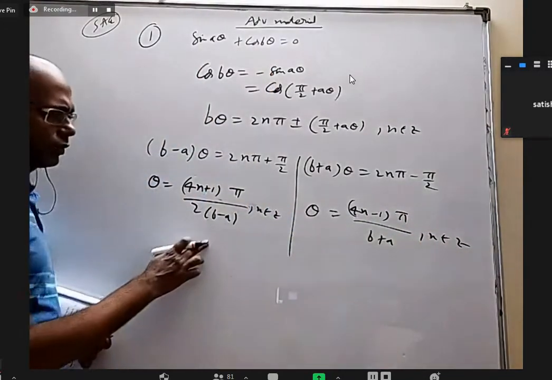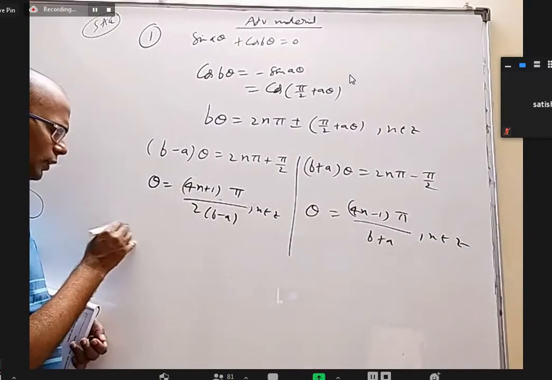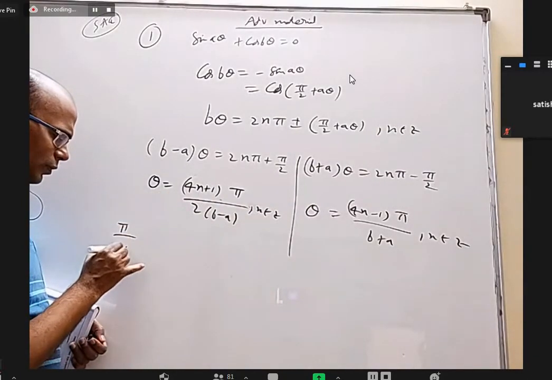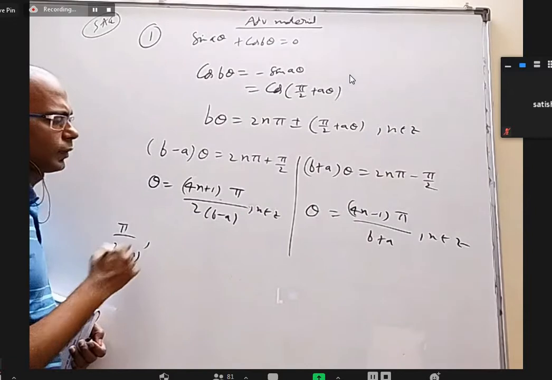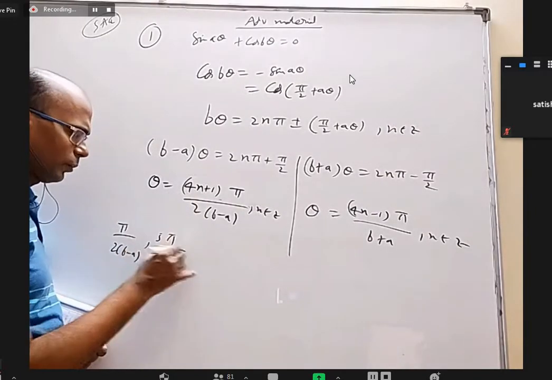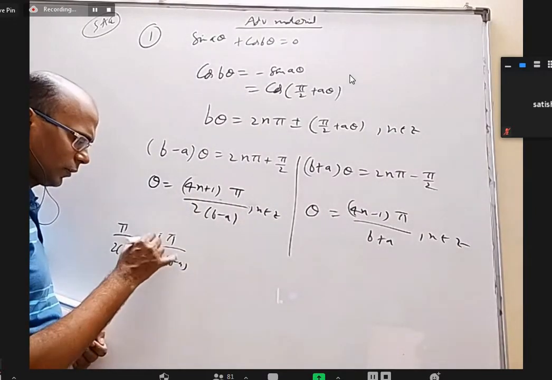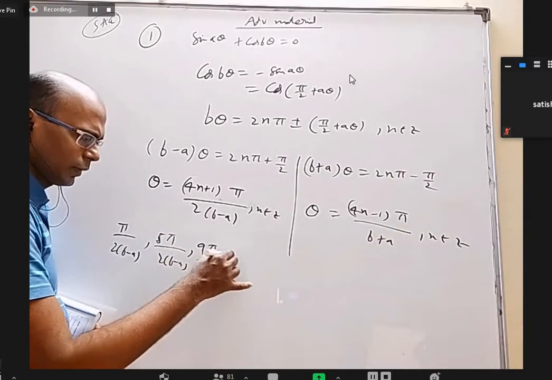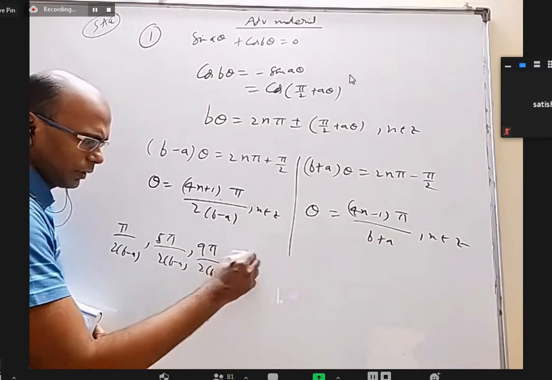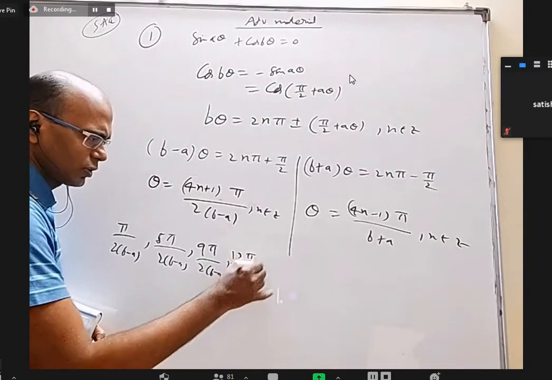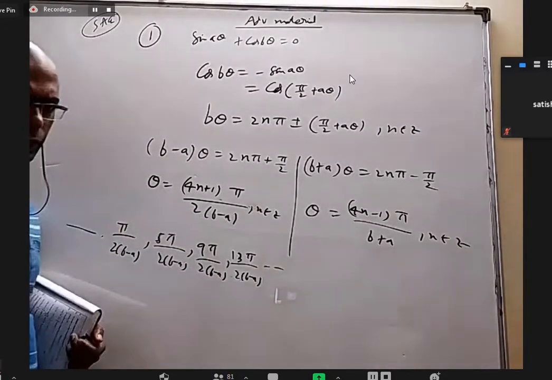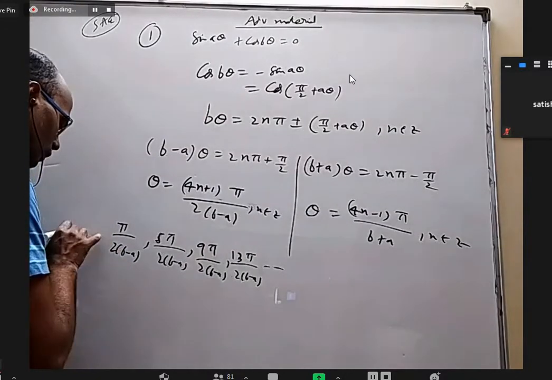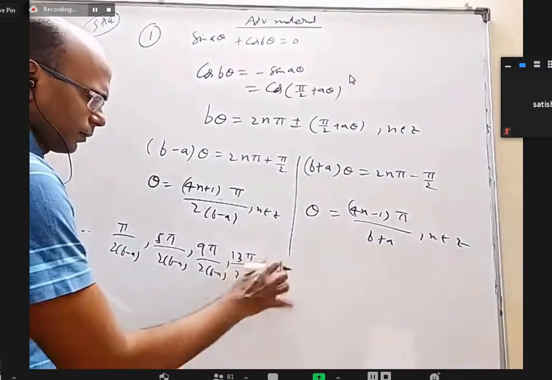When you really write all the solutions here, you will get pi by 2 times b minus a if I give 0, 5 pi by 2 times b minus a, 9 pi by 2 times b minus a, 13 pi by 2 times b minus a, so on. Even here also it's there. It's an infinite AP. It goes forever, both sides.